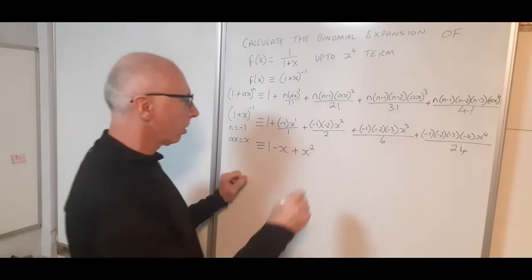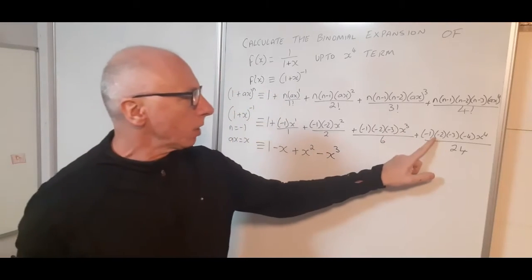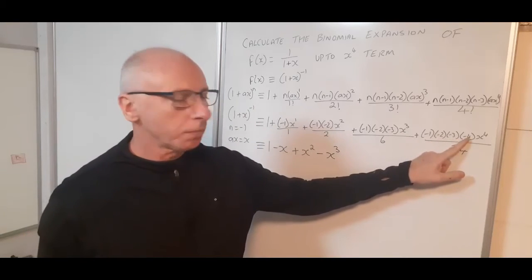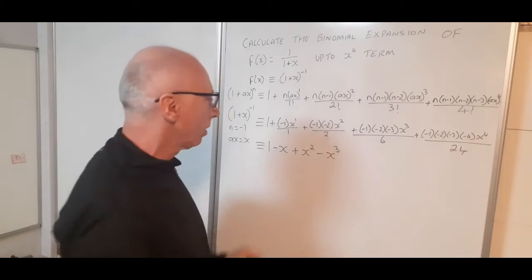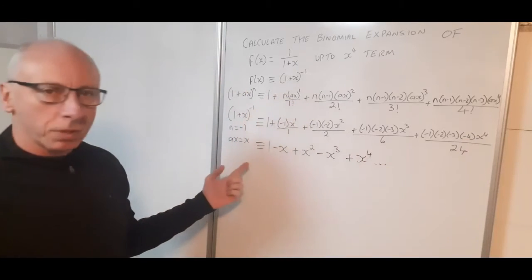So that's minus x cubed. And the last term, minus 1 times minus 2 is 2, times minus 3 is minus 6, times minus 4 is 24, over 24 cancels out, got x to the 4. And that's where we're up to for now.